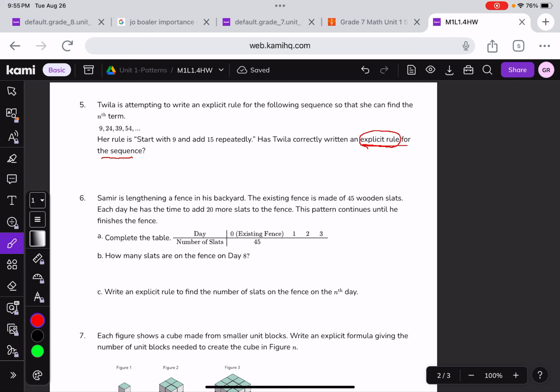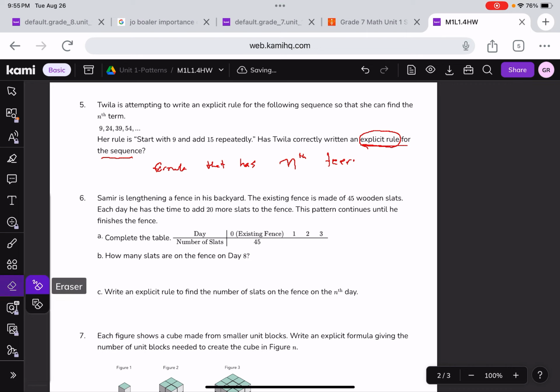She is right, but that's not an explicit rule. I'll tell you right now, an explicit rule means you're going to write a formula or an expression or an equation that has the nth term in it.